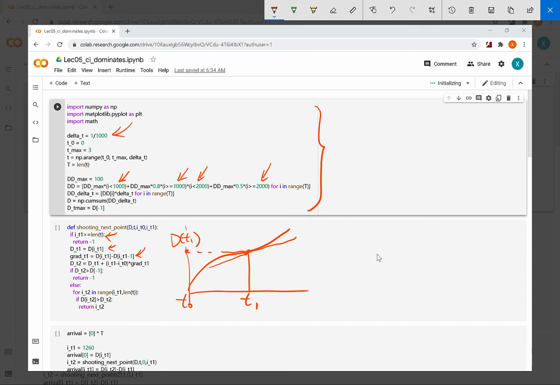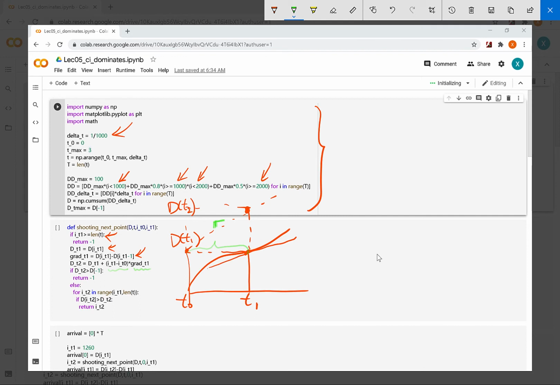And then we draw a parallel line and then calculate this intercept. So this gives us the value of dt2. To achieve this, we calculate dt2 based on the length of the bottom, which is t1 minus t0, and then times the gradient, which is given by the calculation.